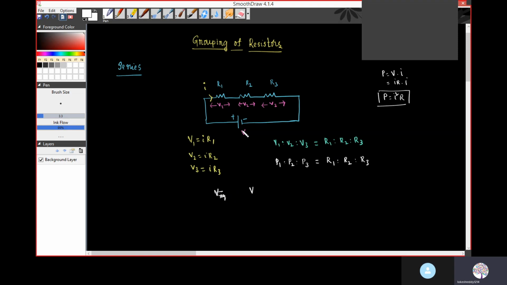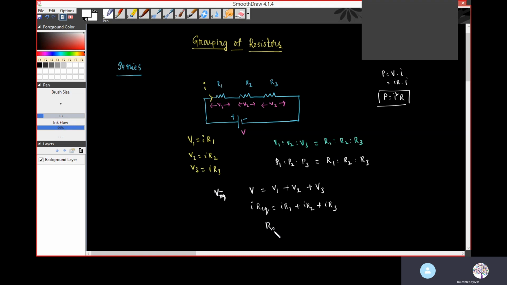Now here we can write, the supply voltage V is equal to the potential drop at the first resistance plus the potential drop at the second resistance plus the potential drop at the third resistance. V is equal to V1 plus V2 plus V3. So V is equal to I into R equivalent, that is equal to IR1 plus IR2 plus IR3.